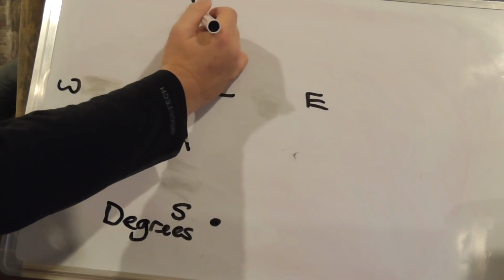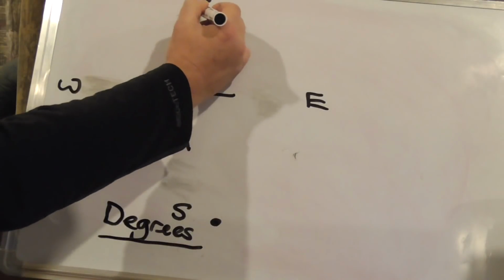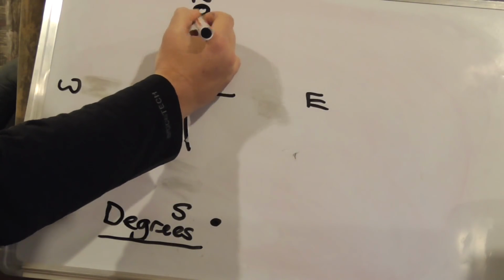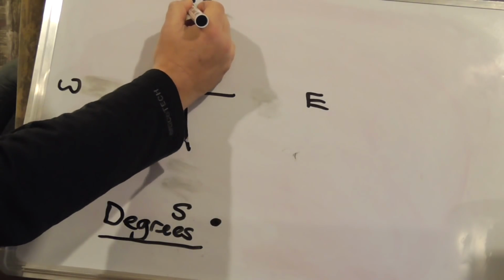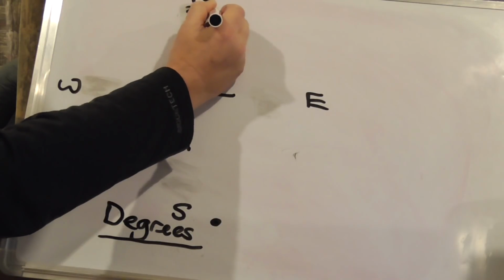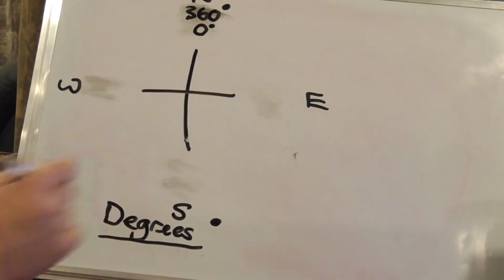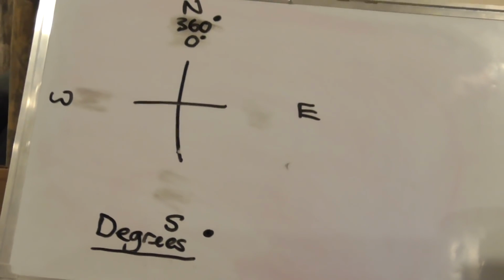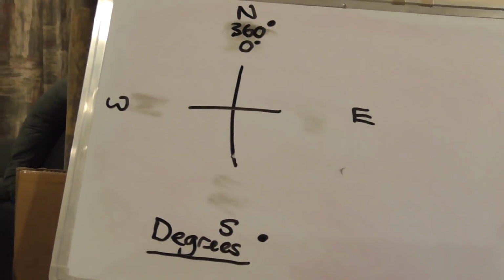North, when we're talking about degrees, can be read as 0 degrees, or, let's just bring that down a bit, can be 360 degrees, or 0 degrees. Alright, just see if you can see that. I'll bring that up a little bit. Oh yeah, you can see it, it's okay.